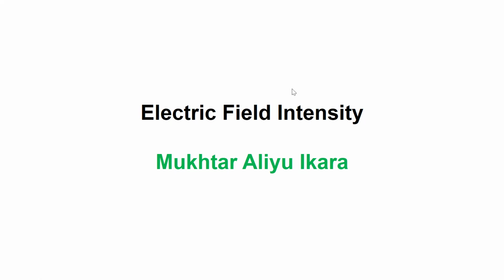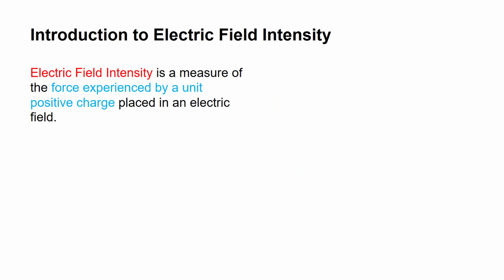So now, introduction to electric field intensity. Electric field intensity is a measure of force experienced by a unit positive charge placed in an electric field. So when we say electric field intensity, it is a quantity that describes the relationship between a charge and the force.